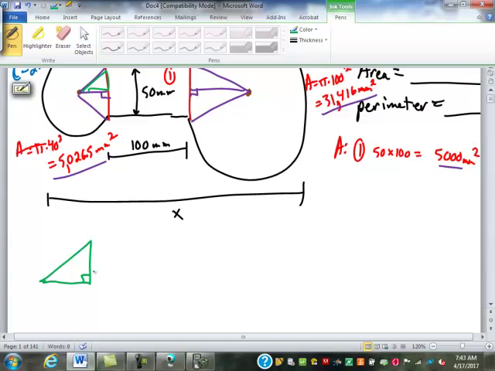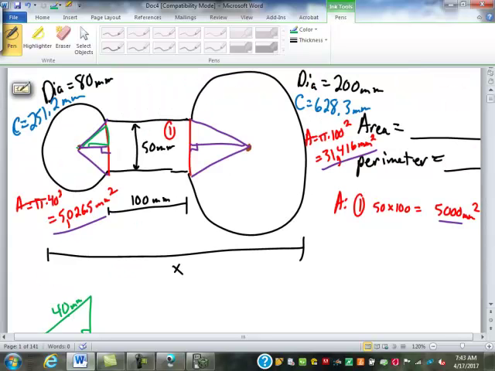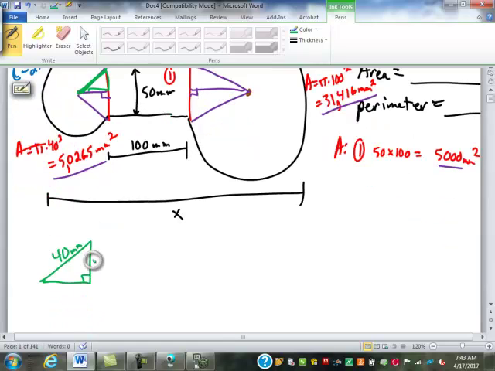What do I know about that triangle? So radius is which side? This is actually the radius up here, the hypotenuse. That'll be 40 millimeters. That's the only side that's actually a radius of the circle here. What do I know about this side? You know that it's 25. It's half of the 50, right?